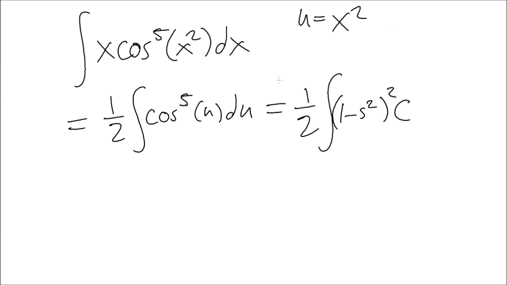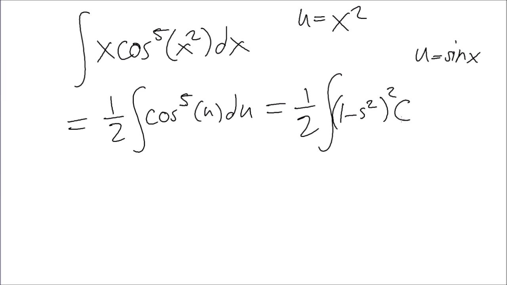So we want to utilize cosine and turn it into a bunch of terms in sine, so that we can perform u substitution. So the cosine to the power of 4, we turned it in terms of 1 minus sine squared, and that squared. So that u equals sine of x.